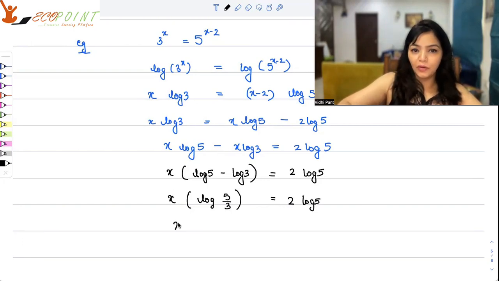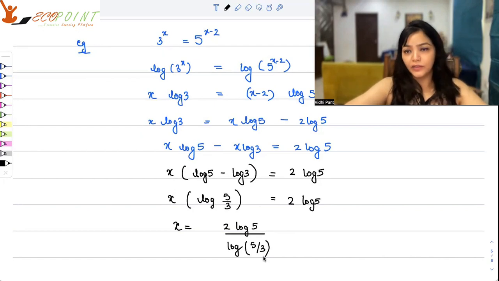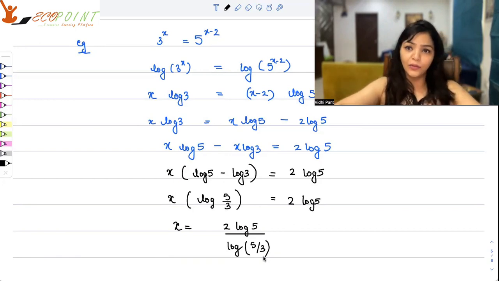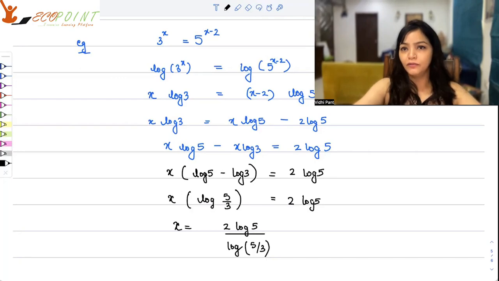So what can I say about x? x is equal to 2 times log 5 upon log of 5 by 3. Again, we would require the calculator of logarithm to finally find out the answer. But this is how you will process such a question in order to find the value of your variable.